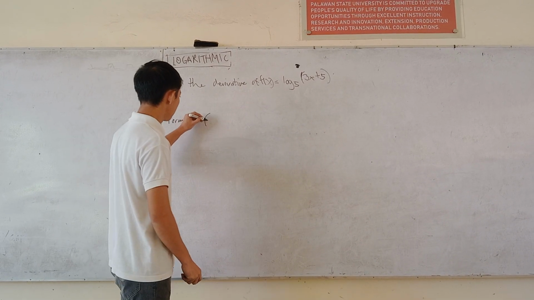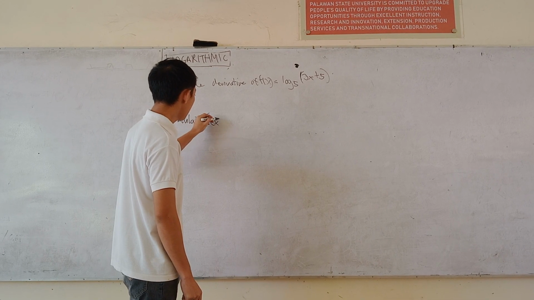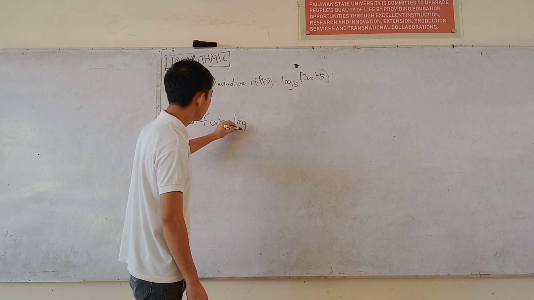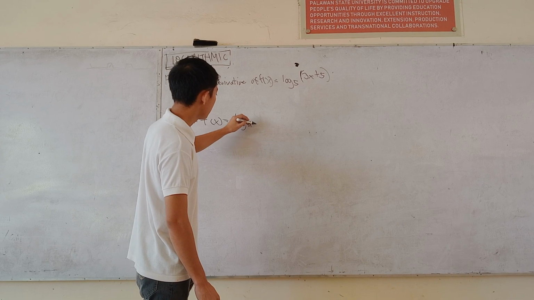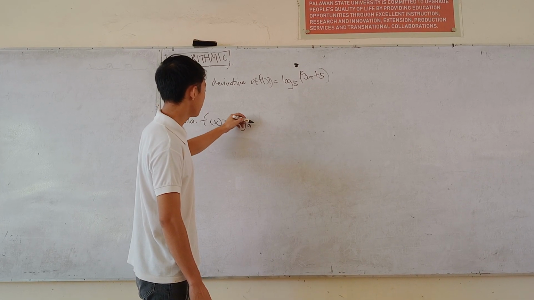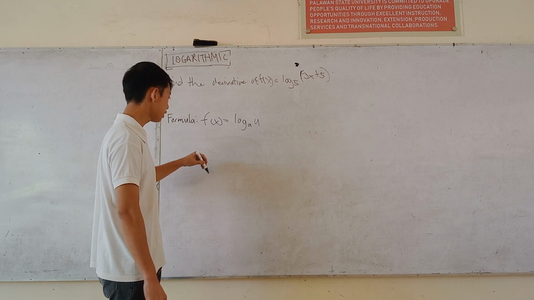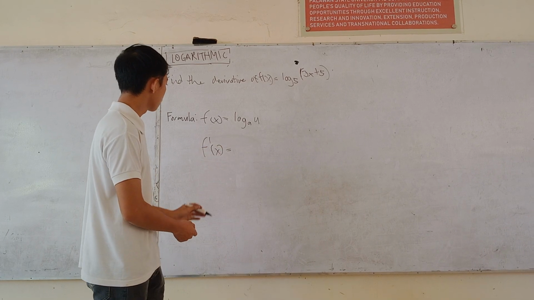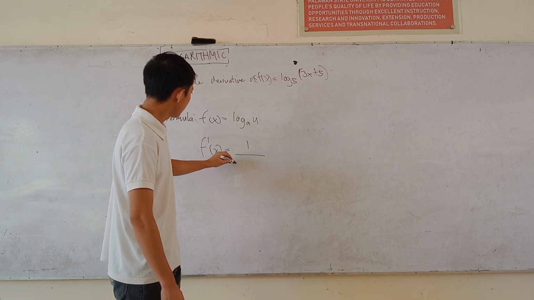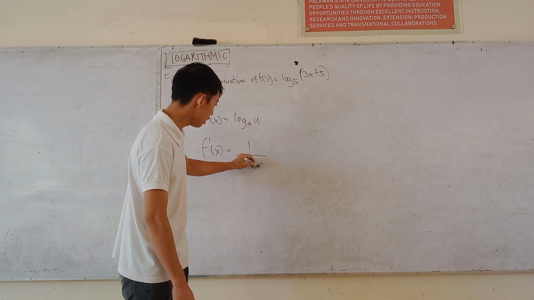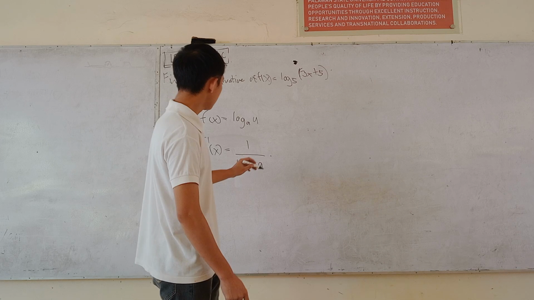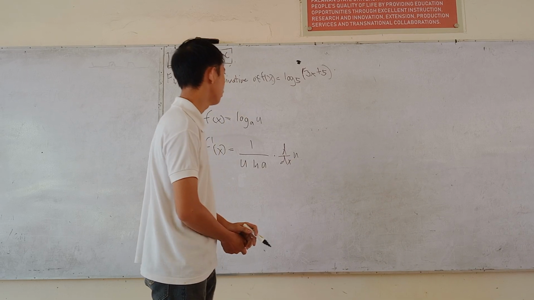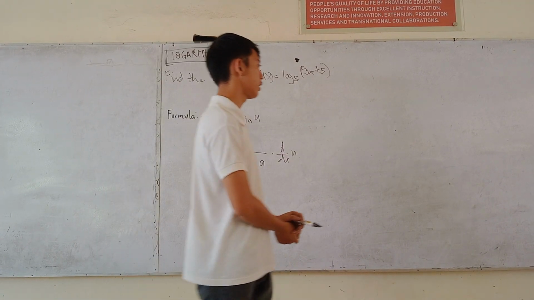If f of x is equal to the logarithm base a of u, then its derivative will be equal to 1 over u ln a, times the derivative of u. So let's go back to our problem and identify.